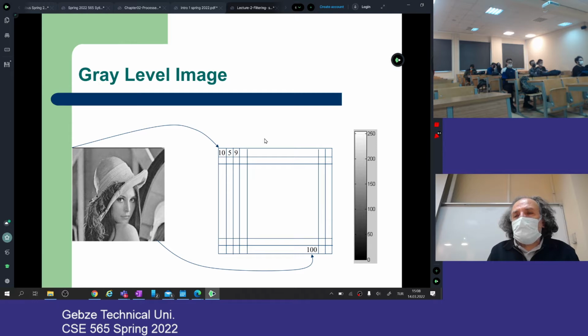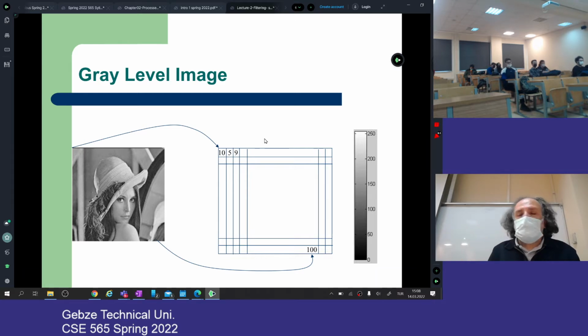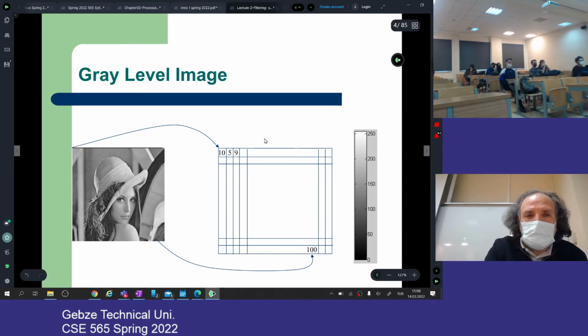Why is it 255? Because for each pixel we use 8 bits. If you use 9 bits, then it's going to be 0 to 512 and so on. Some cameras can produce 10 bit grayscale images, and so on. I'm not going to look at those.